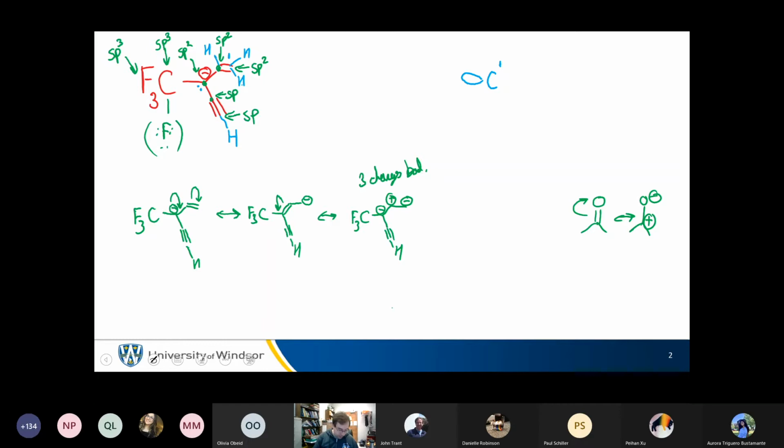You could also draw a resonance structure where you put the negative charge on the electropositive atom and the positive charge on the electronegative atom. That is not wise, or stupid. And the thing is that it's not that this doesn't exist, it's that it's a direct counteract to this, and this is far, far better. So this kind of swaps that out.